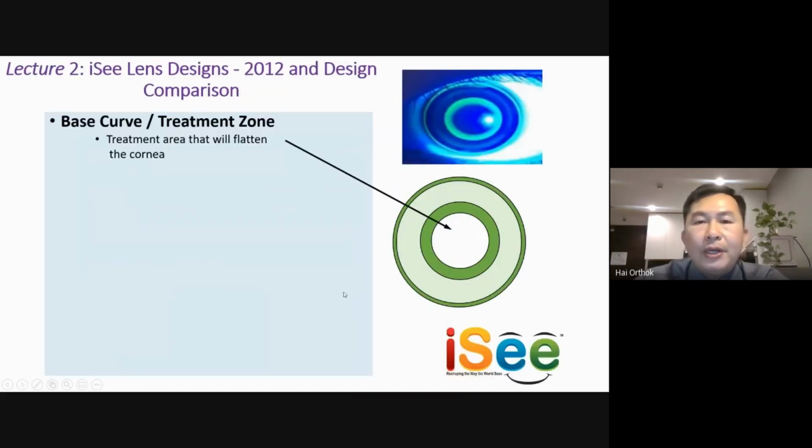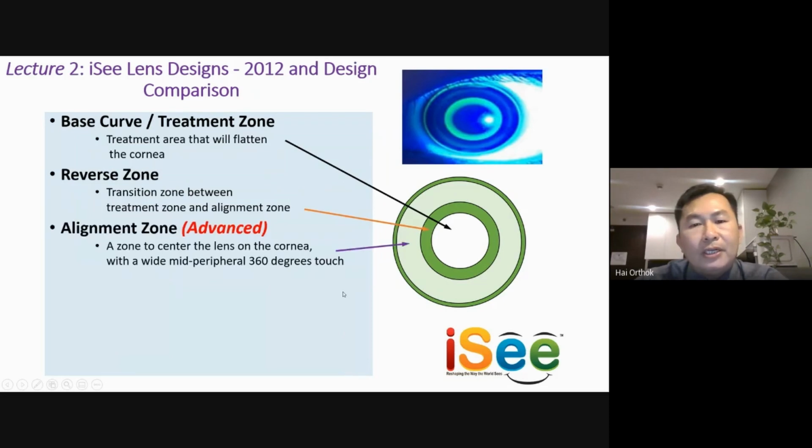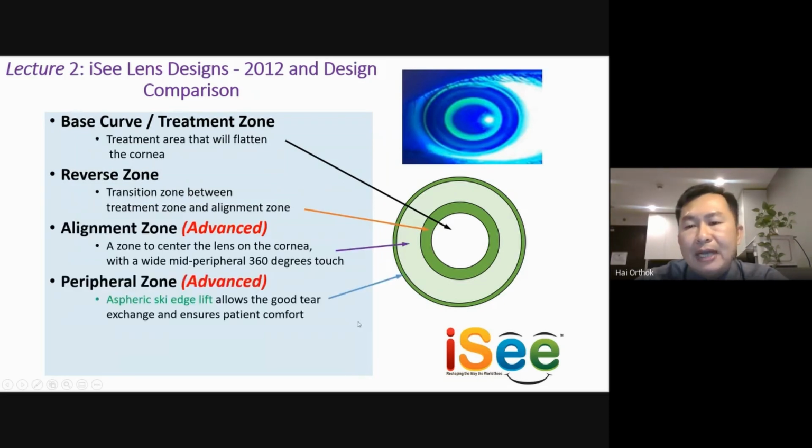Similarly, the Firewall in 2012 was upgraded to the IC lens, and we see right here we changed the IC lens with a very thin tier between the first and the second alignment curve. This thin tier is very important. It provides the tear channel to be provided equally on the lens, and it helps to provide more tear exchange under the lens.